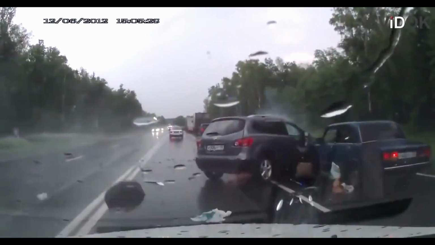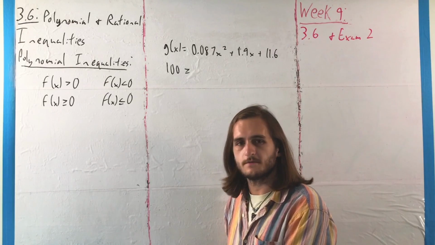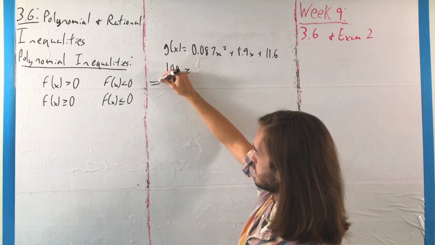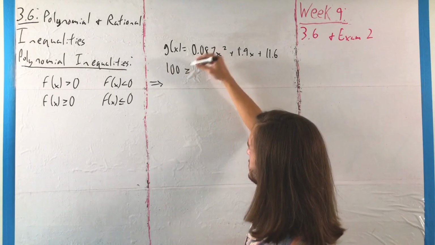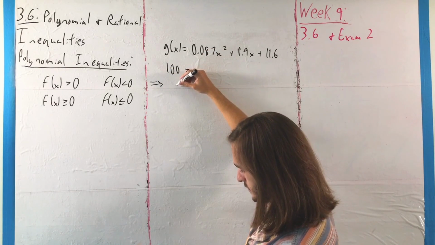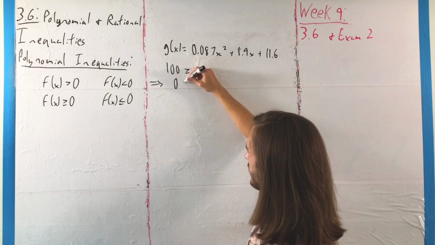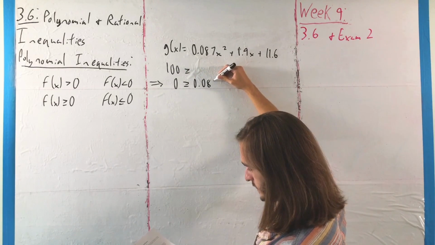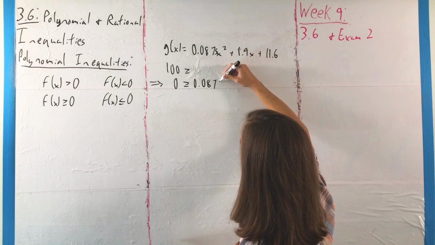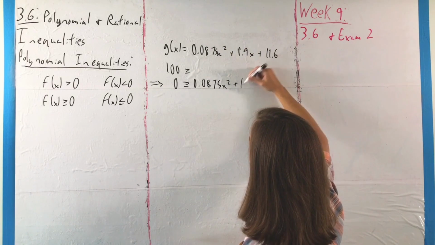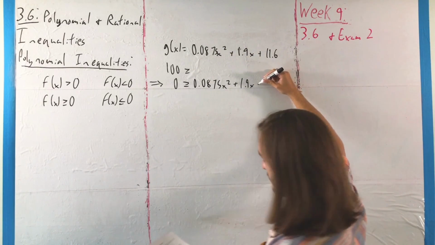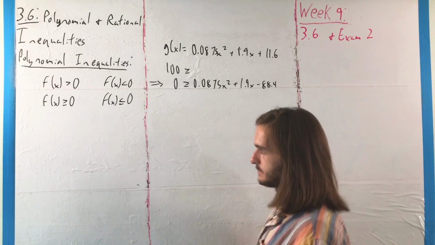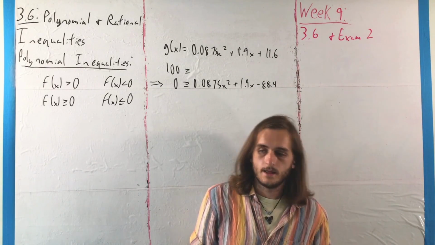Or, thinking in terms of that zeroed out arrangement, we could arrange this so that 0 is at most 0.0875 x squared plus 1.9x minus 88.4. We might be more interested in finding out when that happens.